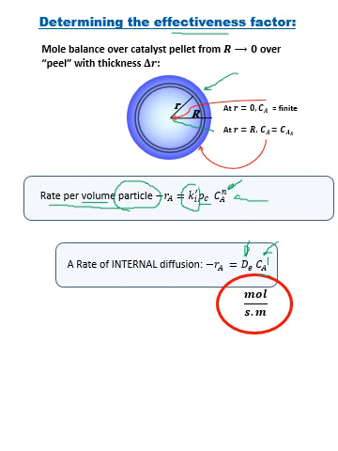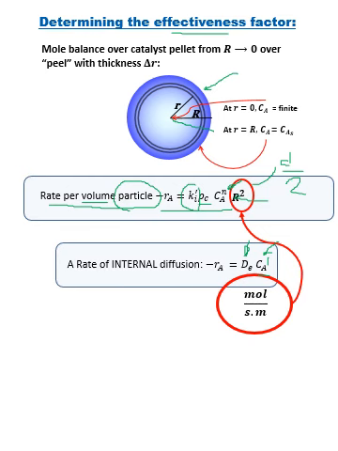So we want consistent units. So for that reason, we multiply this rate by the radius squared of my particle. So this radius is the particle diameter, of course, divided by 2, the particle radius squared. So now I have two rates that have the same units, moles per second per meter.